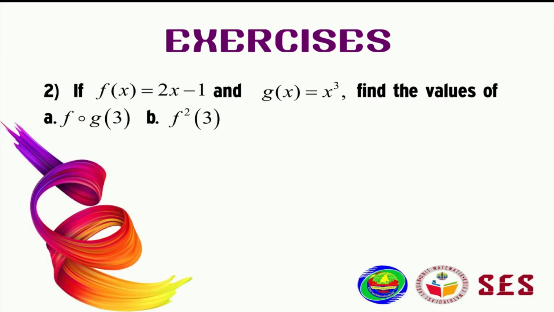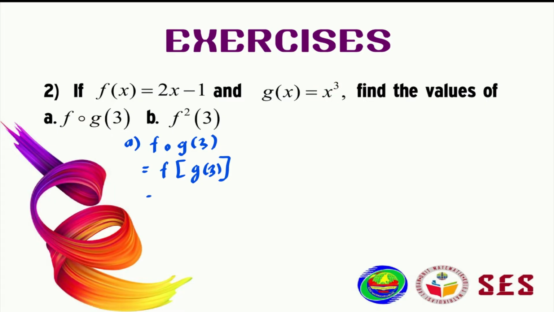Alright, so question A. (f∘g)(3) can be written as f being composed with g(3) here. And g(3) means we need to substitute 3 into this g to get the value of g(3).